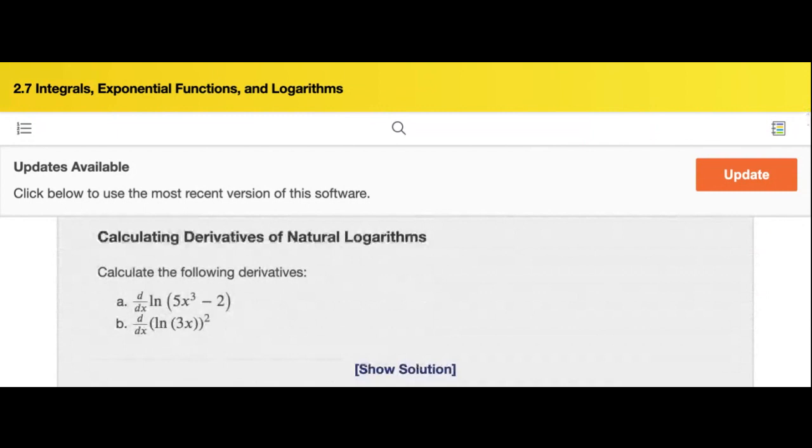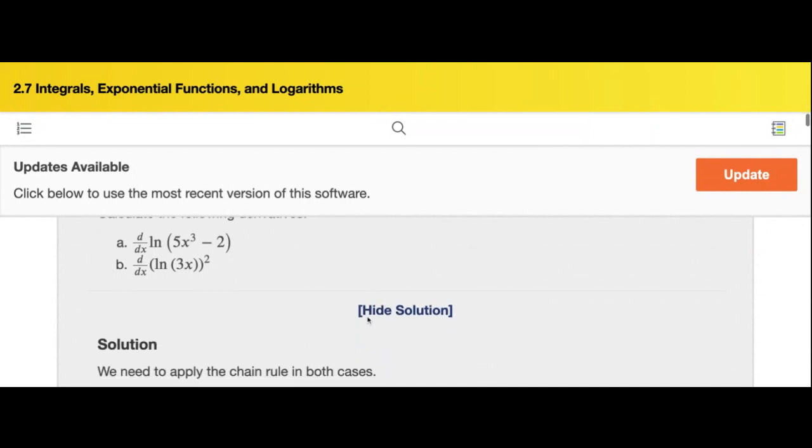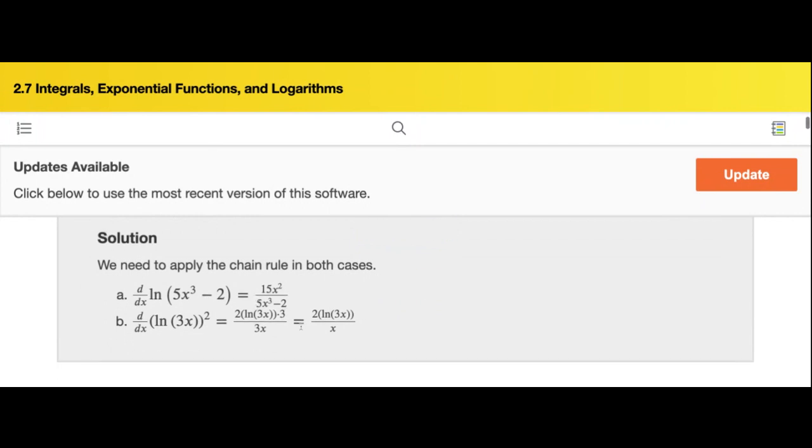So let's try to calculate the derivatives of natural logs. So A, we want to find the derivative of ln of 5x cubed minus 2. That just equals 1 over 5x cubed minus 2, then multiplied by chain rule, the derivative of 5x cubed minus 2, which is 15x squared. Right?